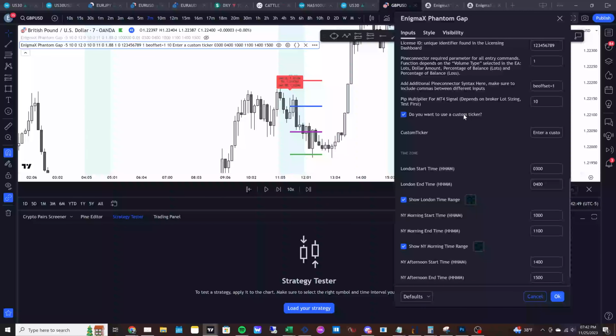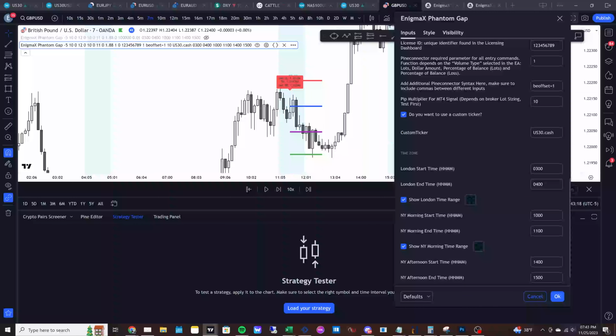Custom ticker. If you're trading Forex pairs, leave that unchecked unless your broker has some weird Forex pair things. But if I'm trading US 30 or NAS, I'll click this and then type US30.cash, since I'm on FTMO.